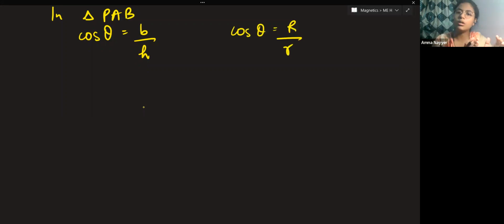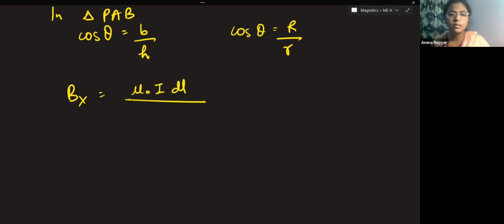Now your dB is ready and your cos theta is also ready. You just have to put in the values. So Bx will be what? dB is mu naught I dl divided by 4 pi r square, and instead of cos theta, you have capital R divided by small r.